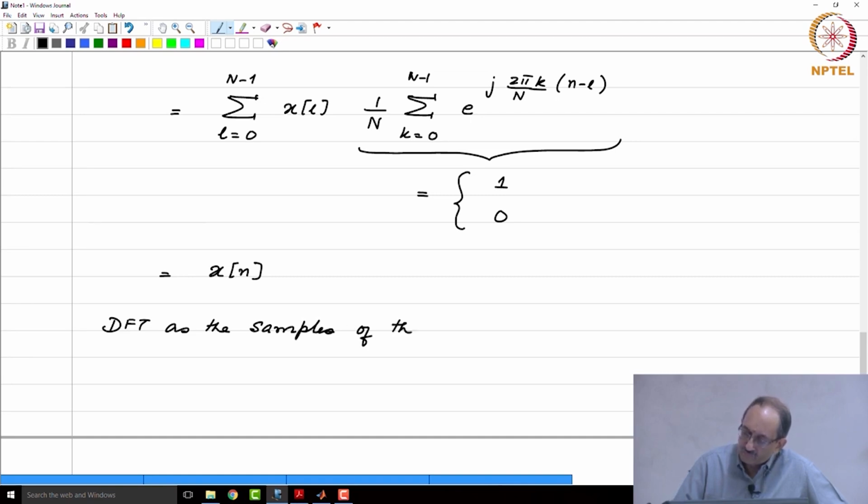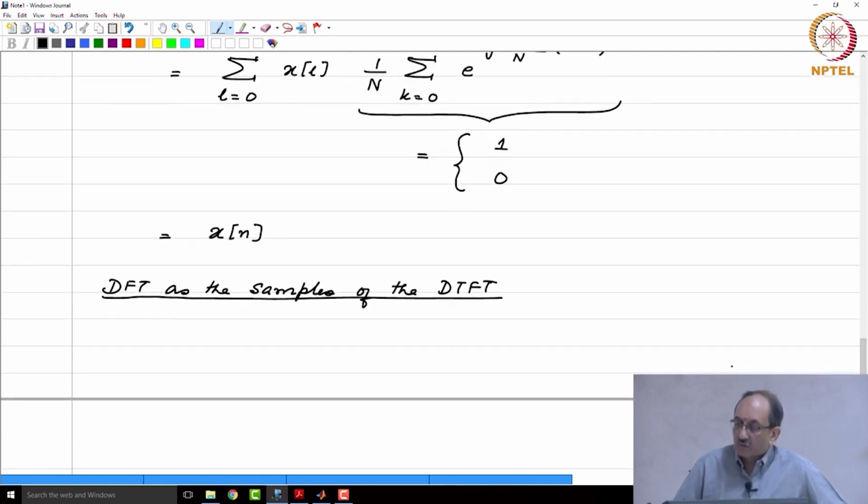Now, we can think of the DFT as the samples of the DTFT. For this, we make the assumption that the data are 0 outside 0 to n minus 1.